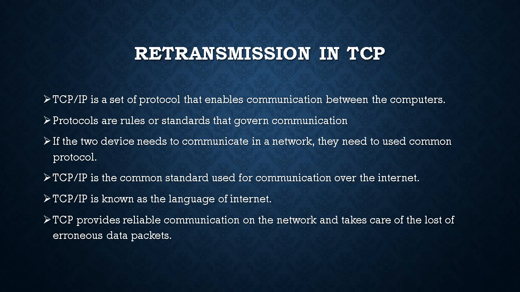So 1 packet is missing. That means some error is happening. So the destination will discard the message and it will retry or retransmit the message through the TCP/IP protocol. That's why TCP provides reliable communication on a network and takes care of the loss of enormous data packets.